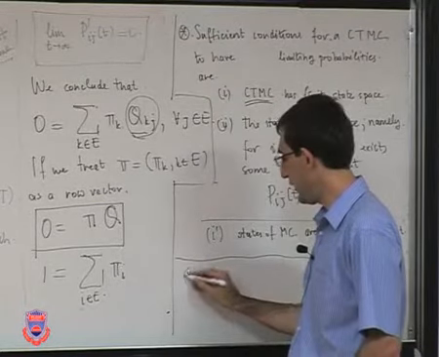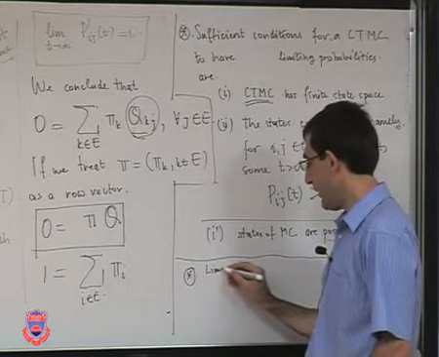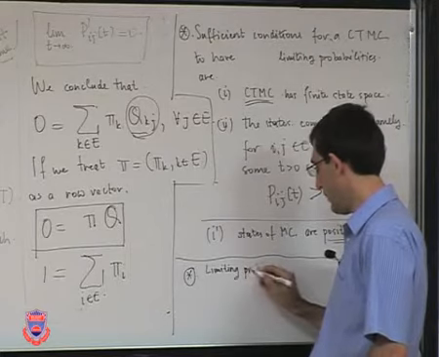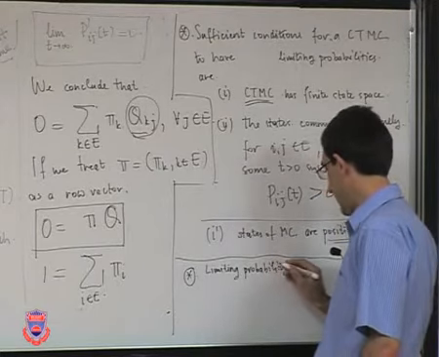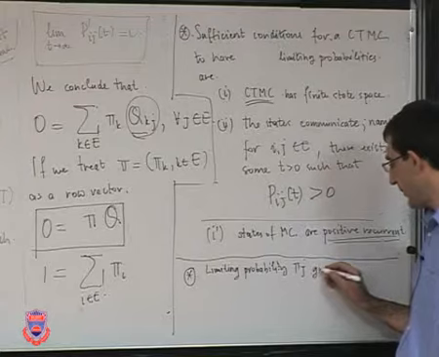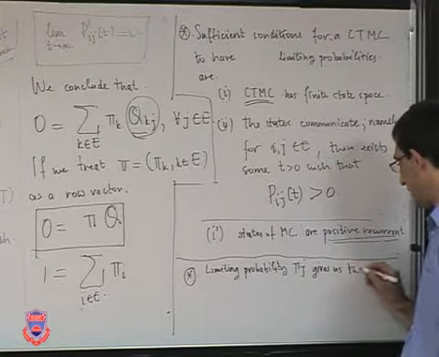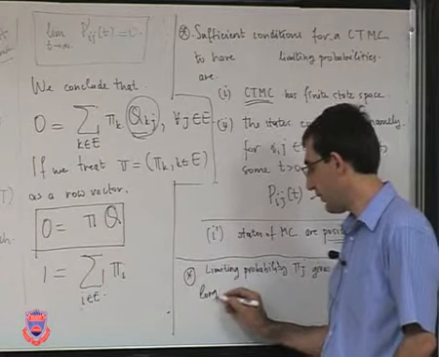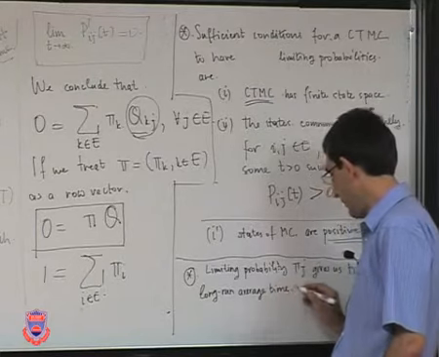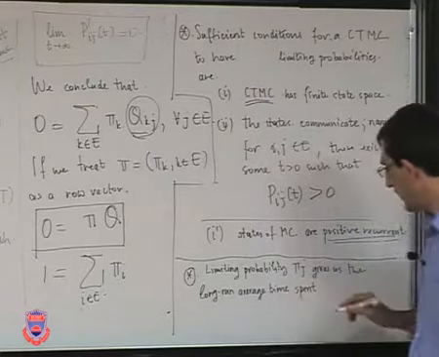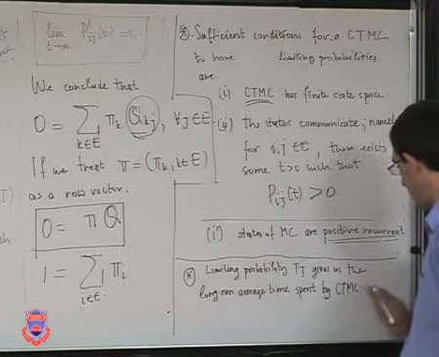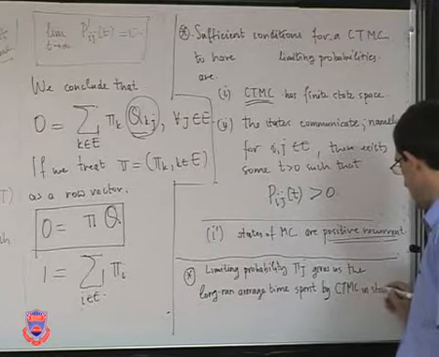The other one is, the limiting probability pi j for a fixed state j also gives us the long run average time spent by the continuous time Markov chain in state j.